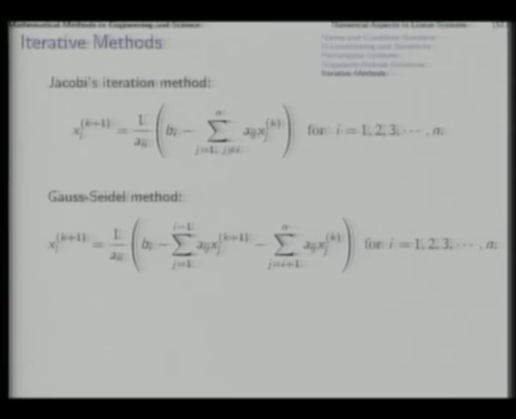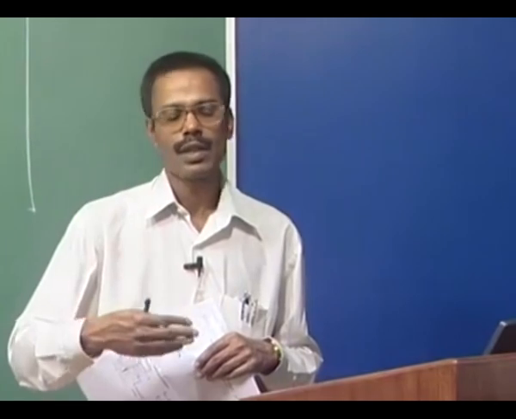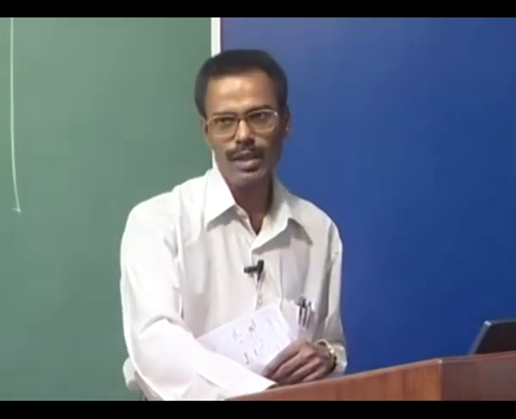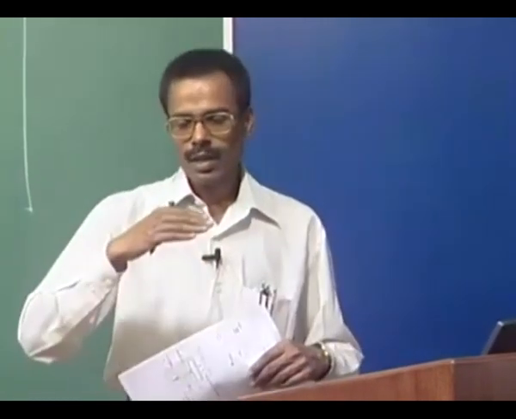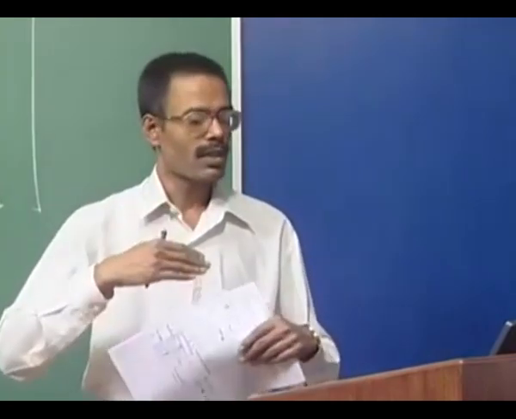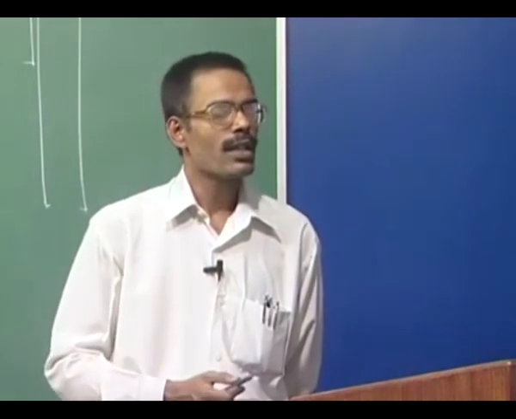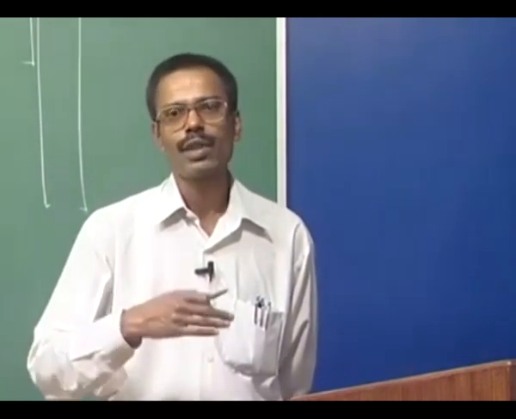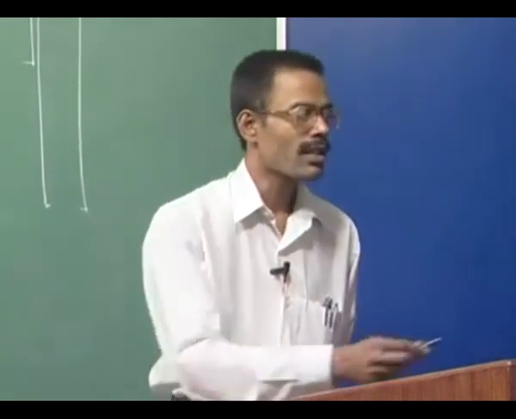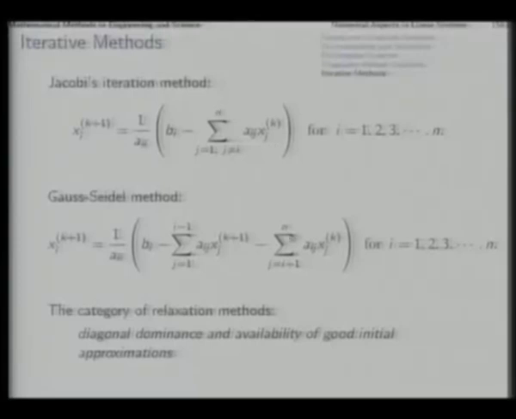Now, the iterations will result in improvements only when we organize the equations in a particular manner, and that particular manner is related to the concept of diagonal dominance. When the diagonal entries of the coefficient matrix are significantly larger than the off-diagonal entries, then you call that kind of matrix a diagonally dominant matrix, and in that case these kinds of steps will actually lead to improvements in the values of x's.